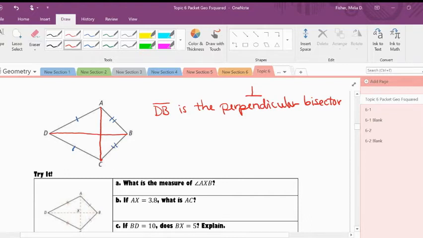DB is the perpendicular bisector of AC. That means that this is cut in half and that these are 90-degree angles. All of those, they're in the middle.